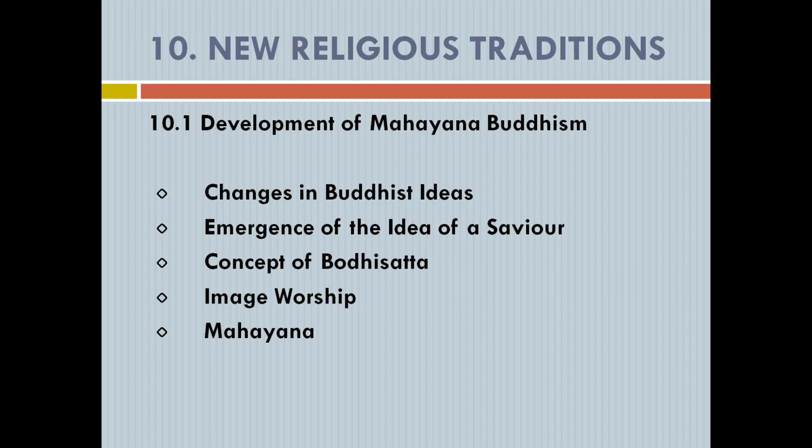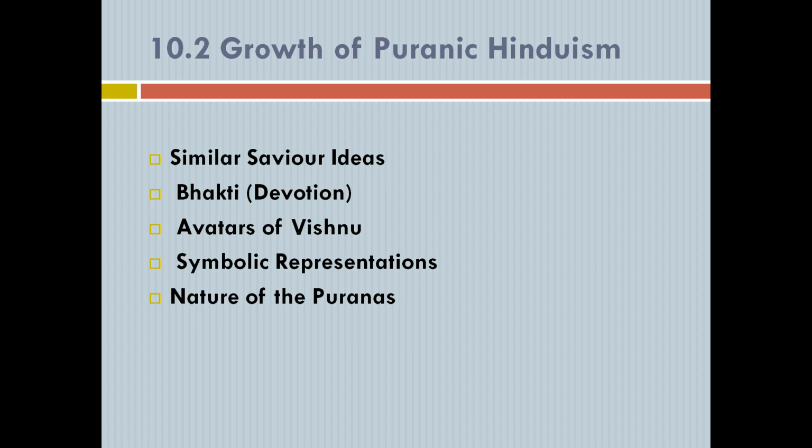All of these approaches that we have studied so far are called Mahayana. It means great vehicle, that is, a path open to many people. Followers called the older tradition Hinayana, that means lesser vehicle.